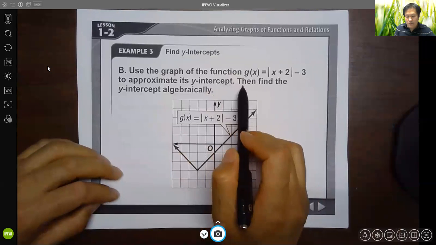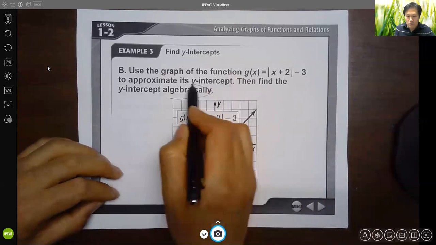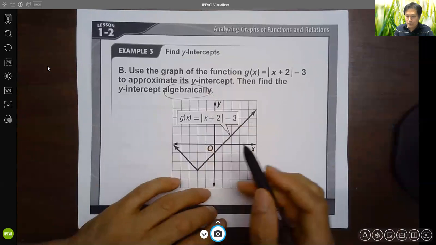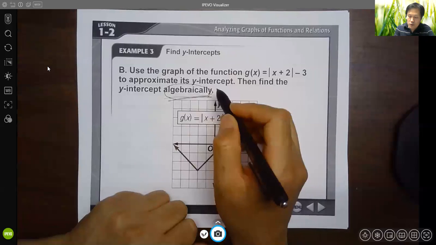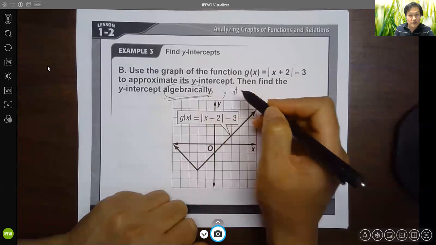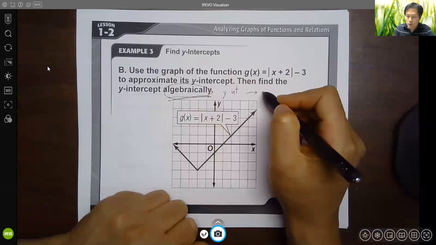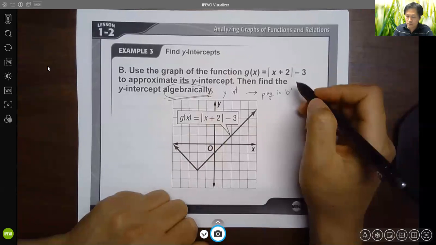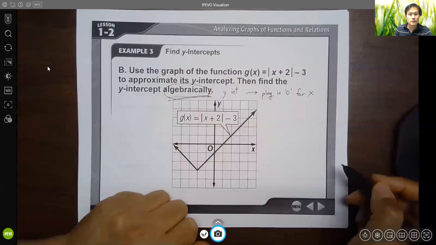Okay, then find the y-intercept algebraically. If you try to find the y-intercept algebraically, what do you do? Plug in 0 for x.